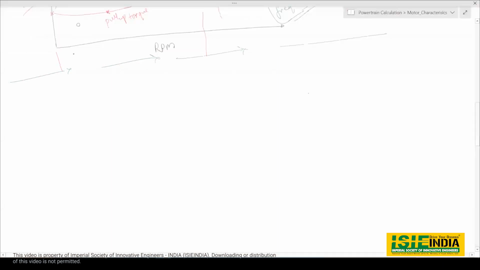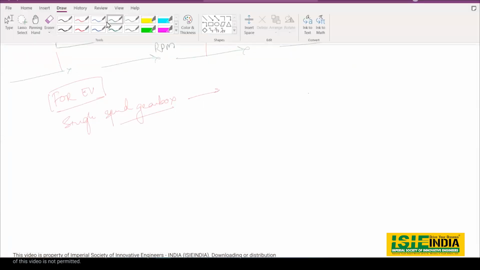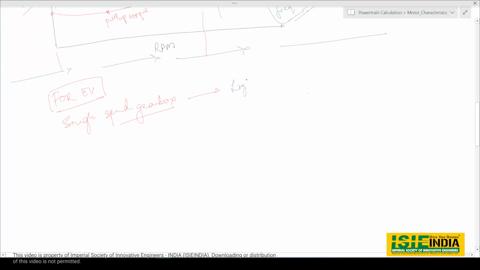Now for EV, single speed gearbox is lightweight. Okay. And it is cheaper, right? So single speed gearbox is lightweight and it is cheaper, right?